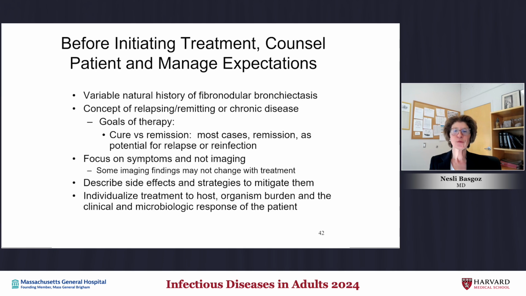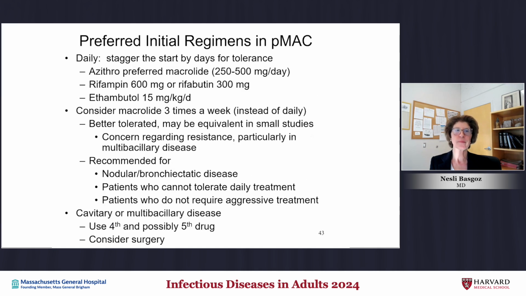There's a potential for relapse or reinfection, as we'll discuss. We focus on symptoms and not imaging because some imaging findings don't change with treatment. We describe the side effects and strategies to mitigate them, and individualized treatment to the host, the organism burden, and the clinical and microbiologic response of that patient.